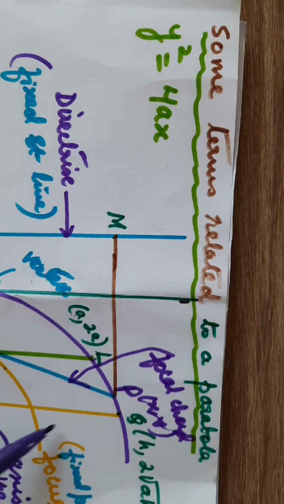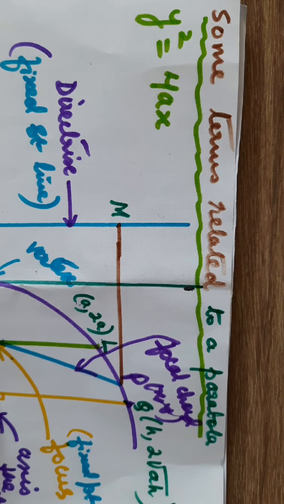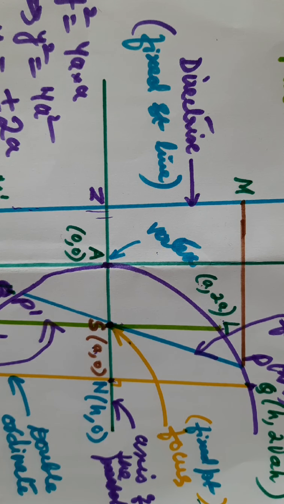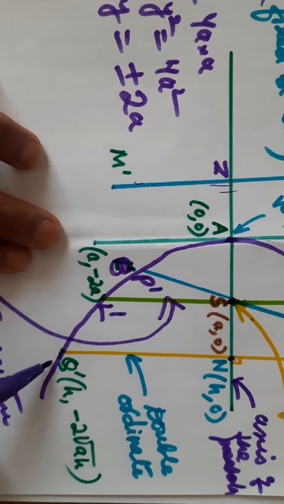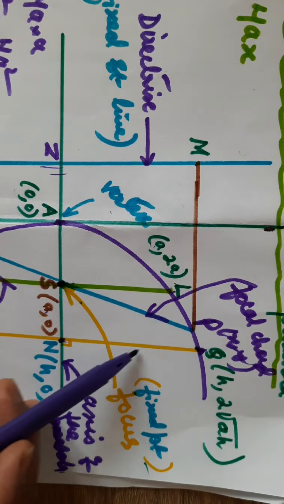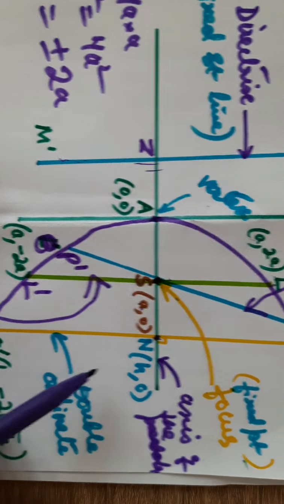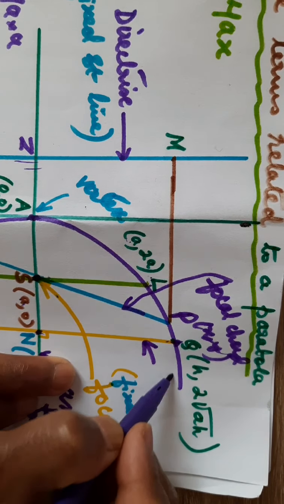Now next, if you take a point Q, which is a point on the parabola, and drop a perpendicular from this point Q to end here on the axis of the parabola, and from here you produce it to meet the other part of the parabola on the other side of the x-axis at Q prime, then Q and Q prime here will be called the double ordinate.